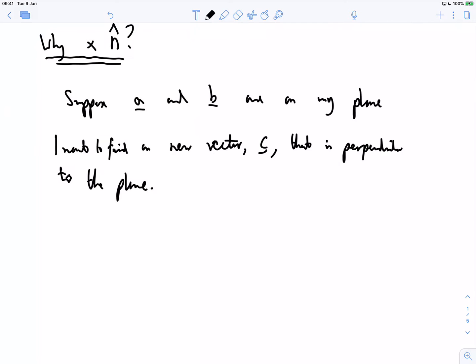So what kind of properties does it satisfy? Well, we've only ever seen the scalar product, right? So what must that mean? It means that A dot C equals 0, and it also means B dot C equals 0, right?